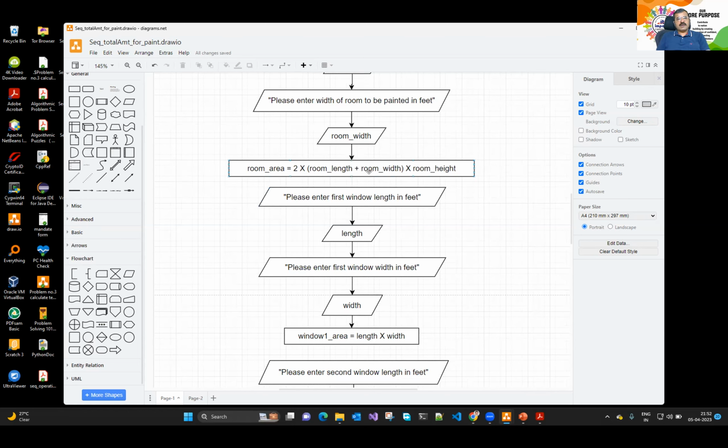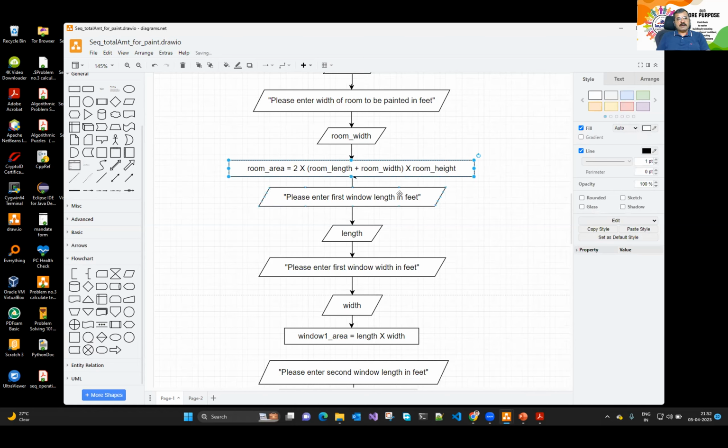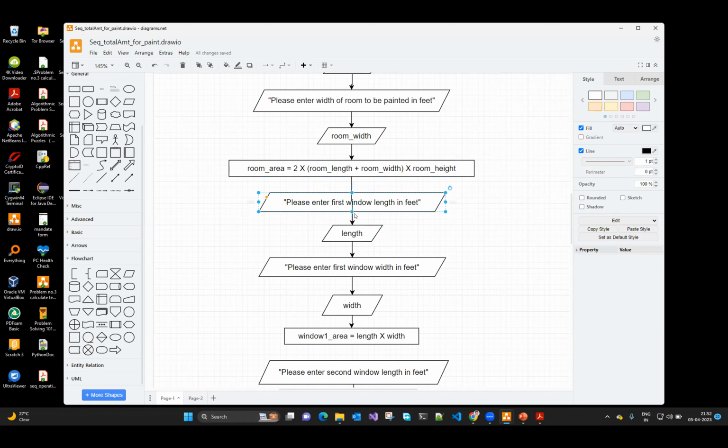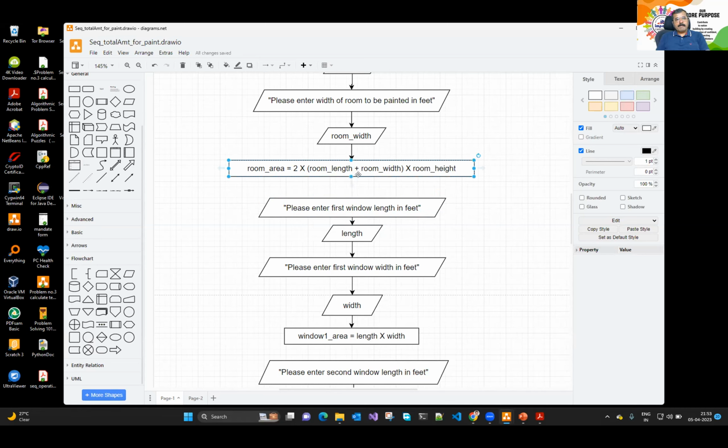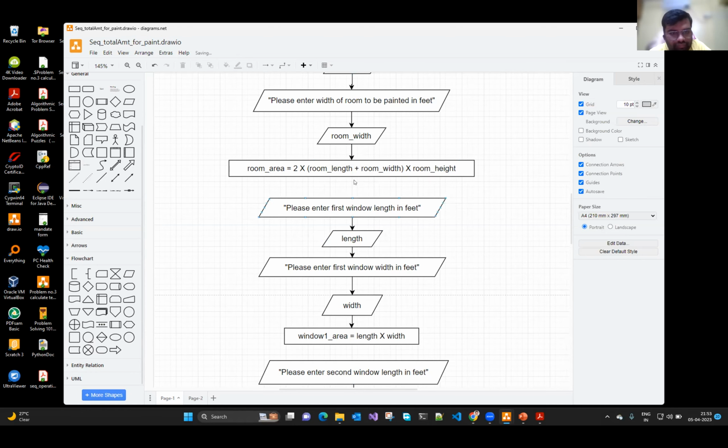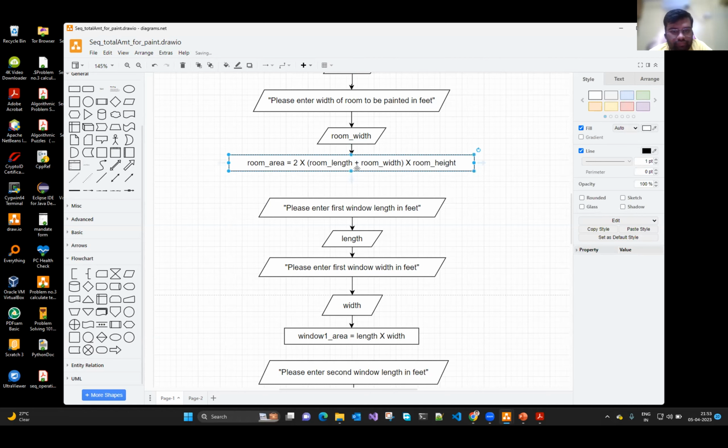Here I forgot to put a connector. So, other way around. Sir, room width ke udhar sirf width aayega. Let me see. Yes, sir, width hoga. Neeche kyon ja raha hai?